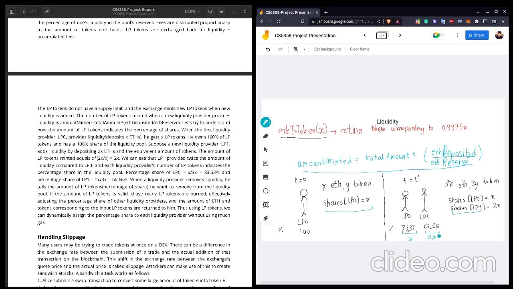So we can see that these shares indicate the percentage of liquidity. Using LP tokens, we can dynamically assign the percentage share to each liquidity provider without using much gas.